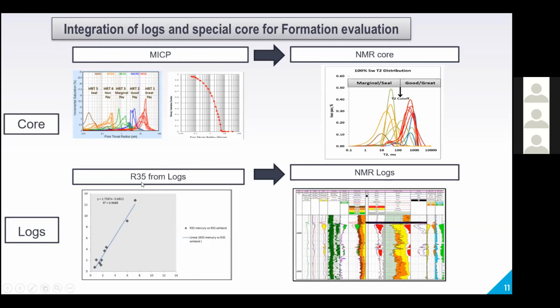I worked with this empirical equation in many fields, and I always find a good agreement between R35 from the logs and R35 from the mercury injection, but only in the interparticle and intergranular porosity. I didn't find any match in heterogeneous carbonates like isolated vugs.